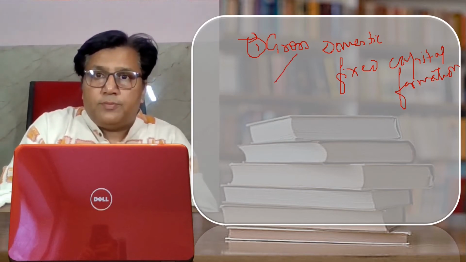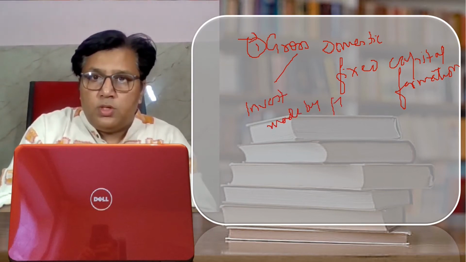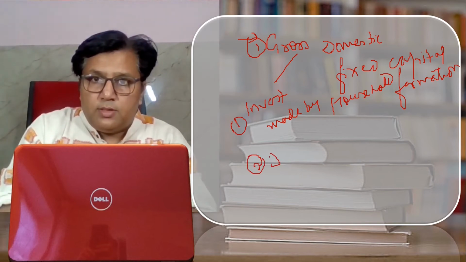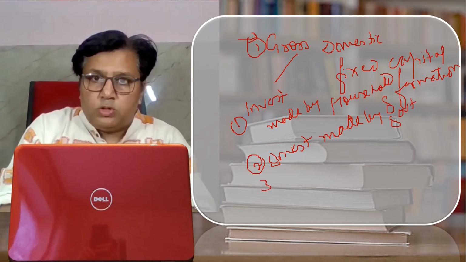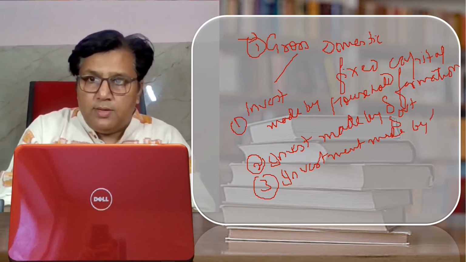It consists of the investment made by household, investment made by government, and it also considers the investment made by firm.